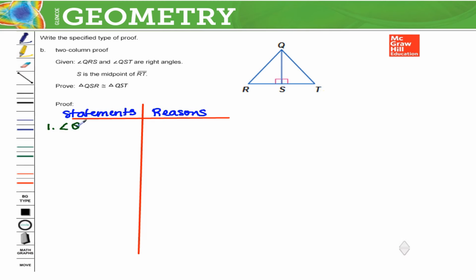Angle QSR and angle QST, already marked in the picture, are right angles. And our reason is given.